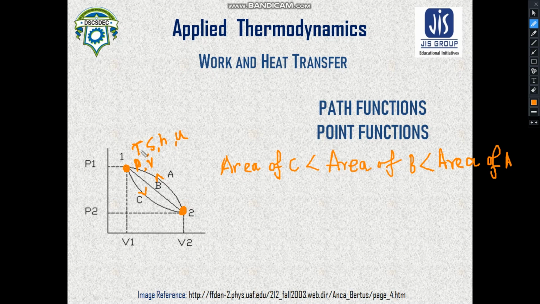So there will be no change when a cyclic process is going on. Whereas it doesn't have any connection with the functions which depend on the path. It can be a cyclic process, but the value can be 0 or it cannot be 0. It doesn't depend on the states. Okay, I hope I have made it clear to you.